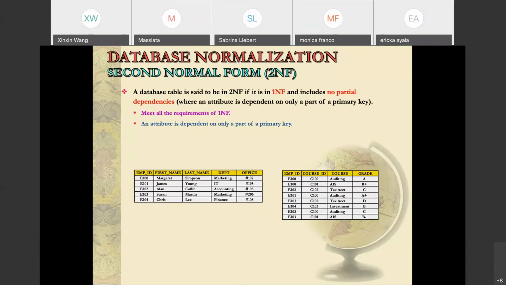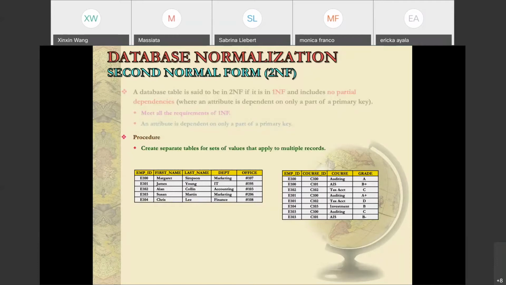So where the attribute is dependent on only one part of the primary key. So it has to meet the requirement of the first normal form, and no attribute is dependent on only a part of the primary key.